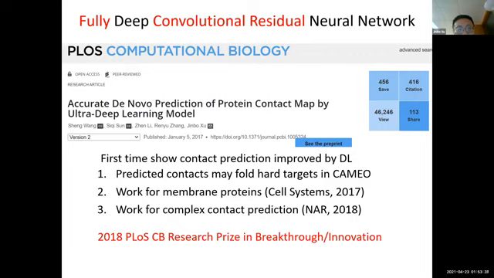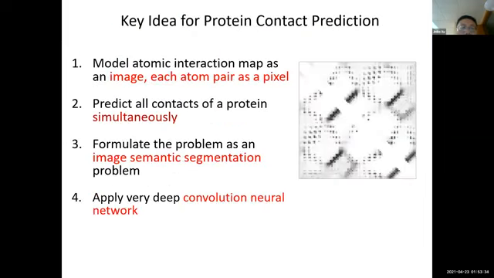Now I'm going to tell you some technical details about this method. Here are the key ideas. As I mentioned, we want to predict all contacts simultaneously. So we model the interaction between two residues or two atoms as an image. Each atom pair or residue pair is treated as a pixel in the image.